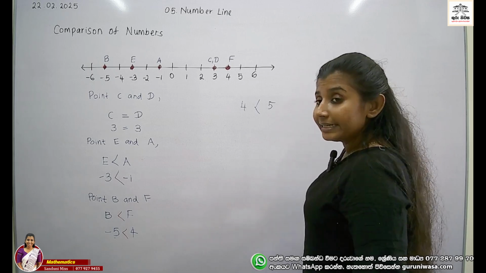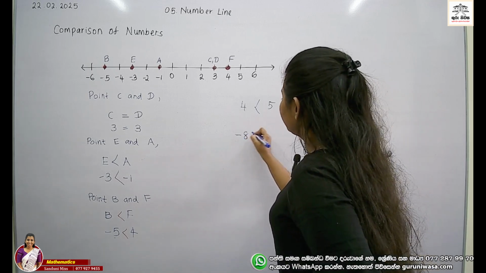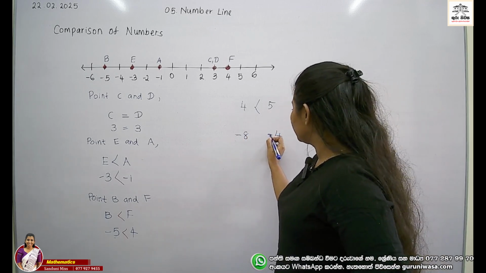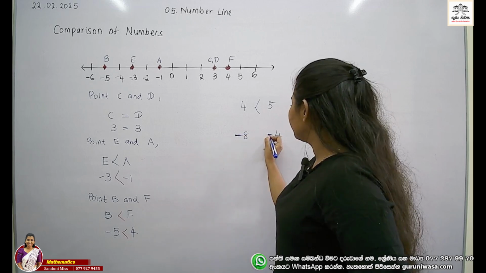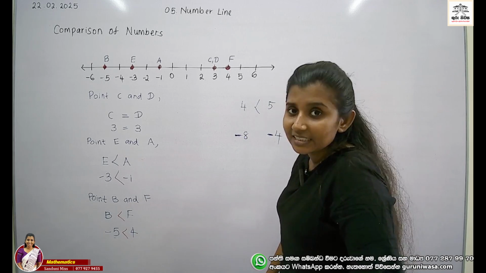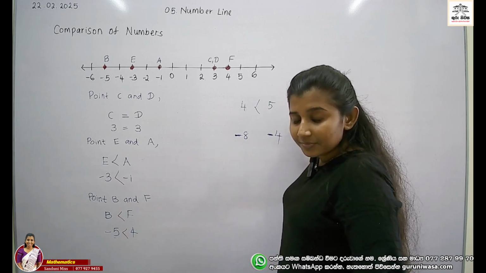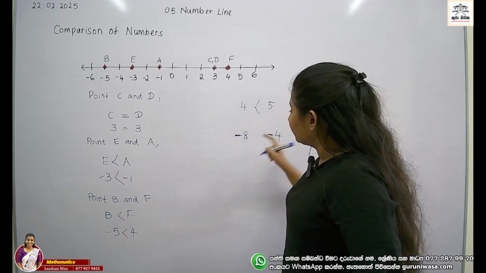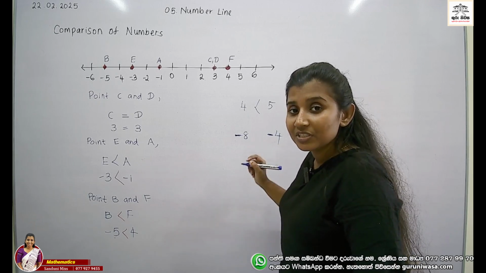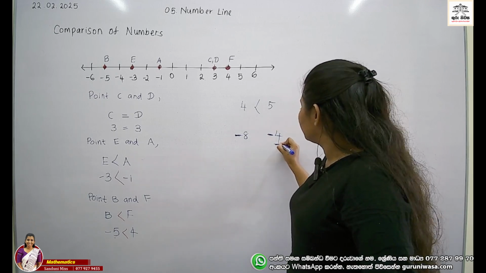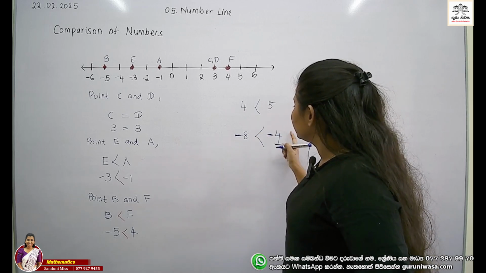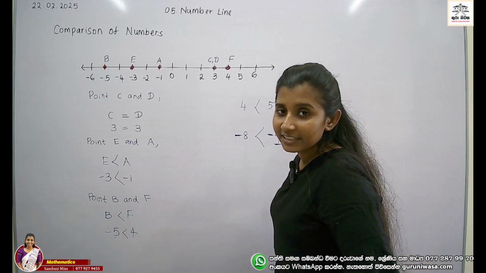When both the numbers are negative, you check for the magnitude and then give the greater or less than sign. Check which is less. 4 is smaller than 8, so negative 4 is greater than negative 8.